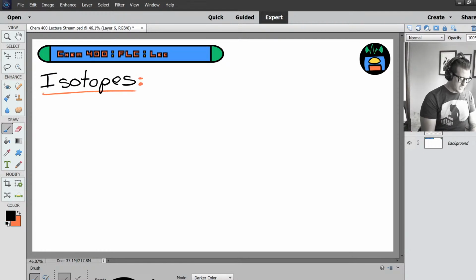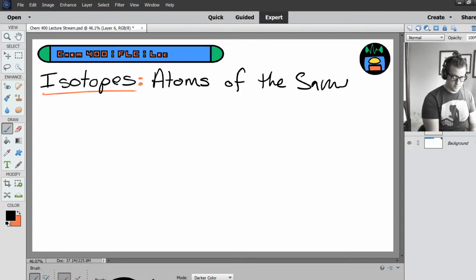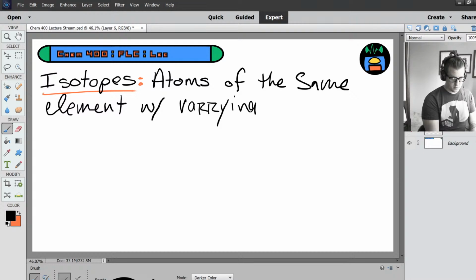All right, isotopes are atoms of the same element with varying proton counts.